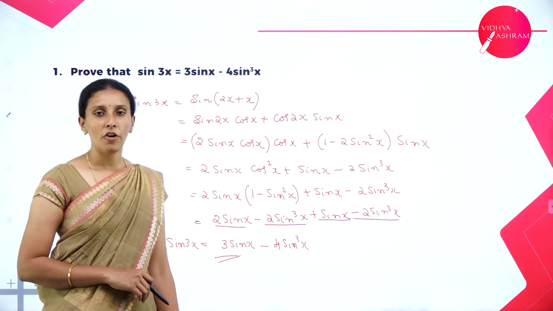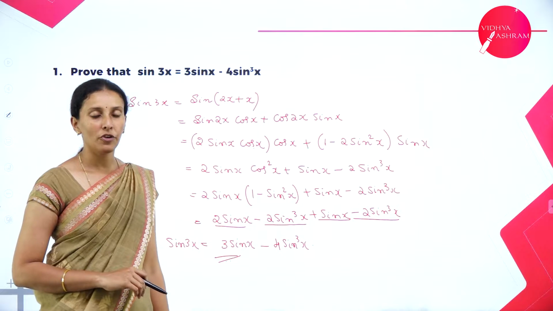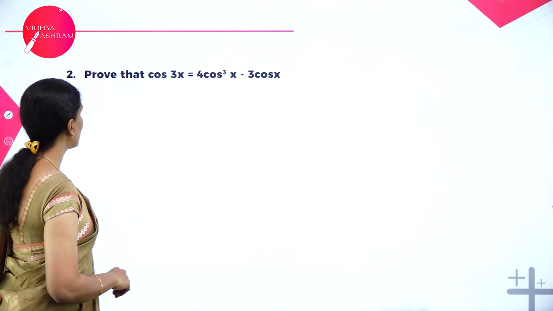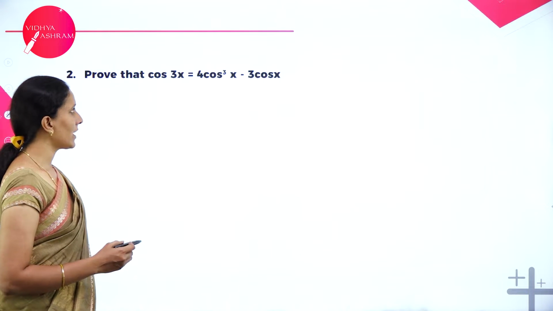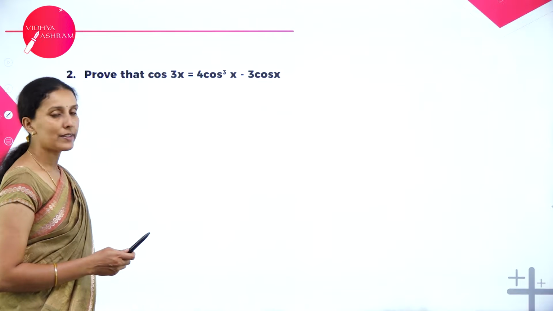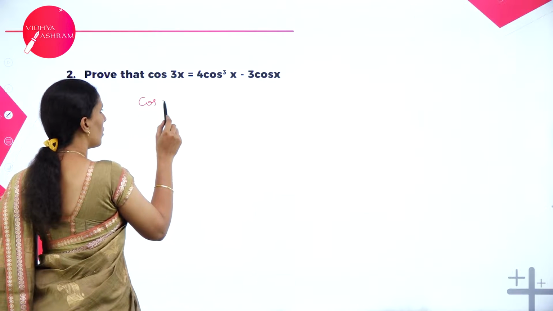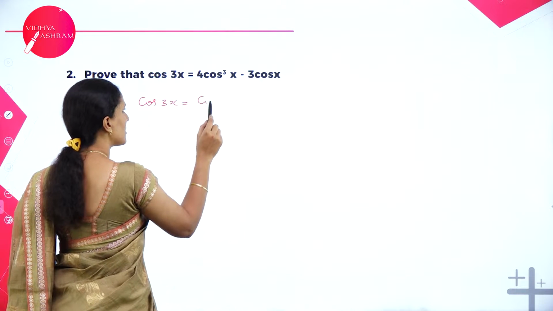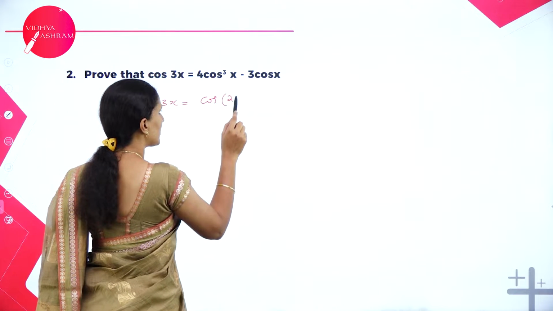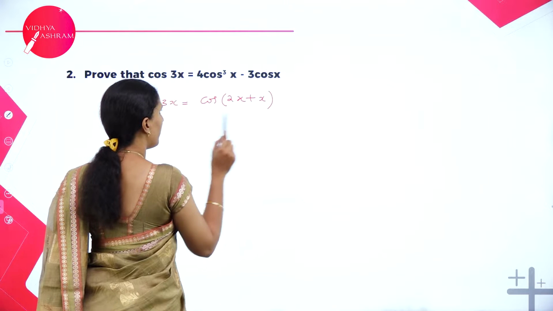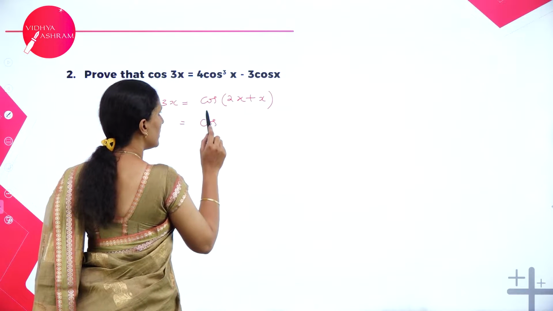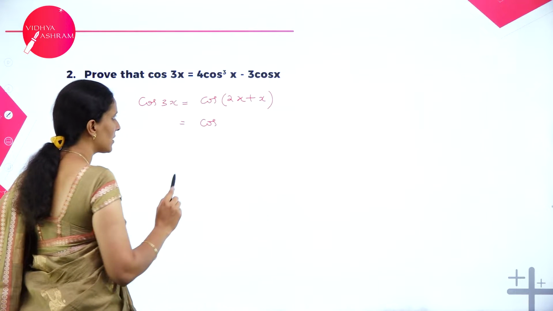One more identity of multiple angle formula in terms of 3x. Next, prove that cos 3x is equal to 4 cos cube x minus 3 cos x. So here cos 3x can be written as cos 2x plus x. So therefore here this is in the form of cos x plus y.